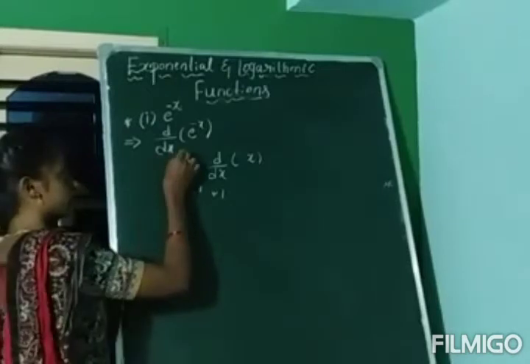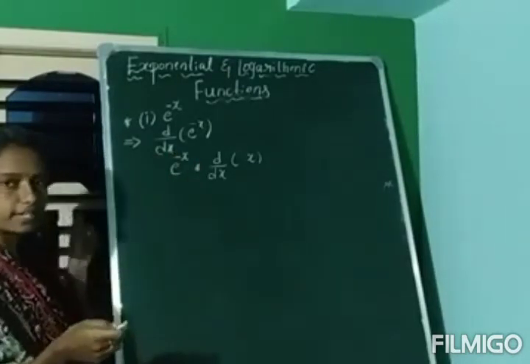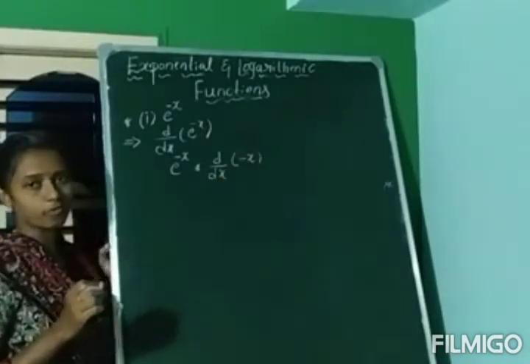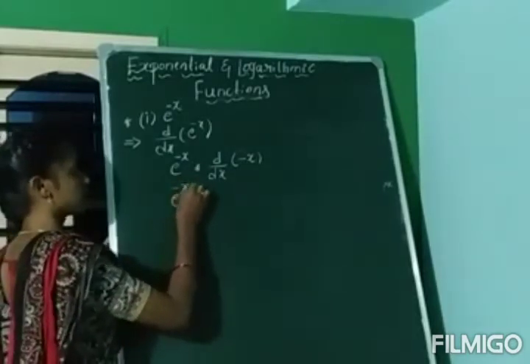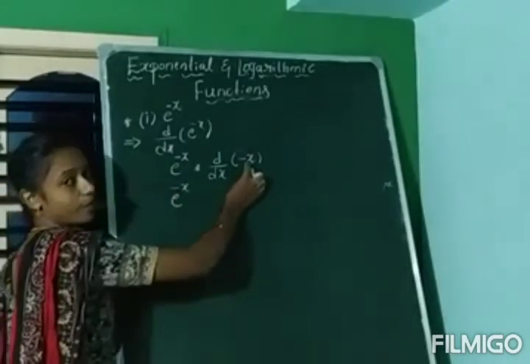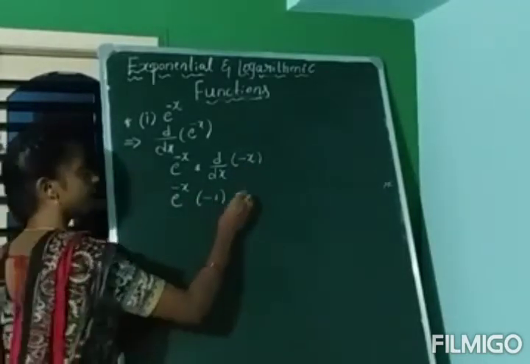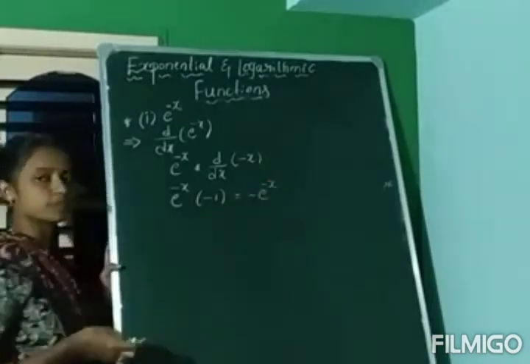But here the case is different. The variable x is with a negative sign. In that case, you should differentiate the power of e again, the minus x. The derivative of minus x is nothing but minus 1. Clear? Hence we can write minus e power minus x.